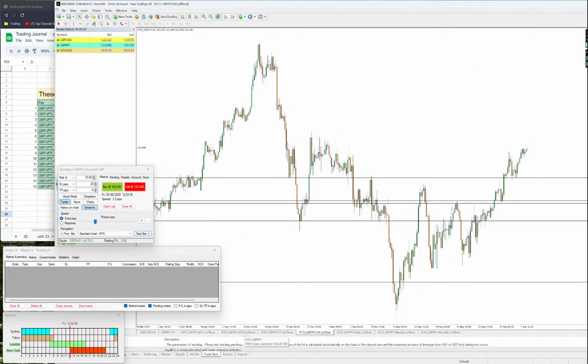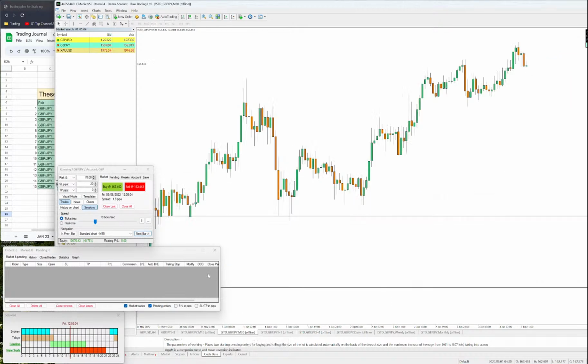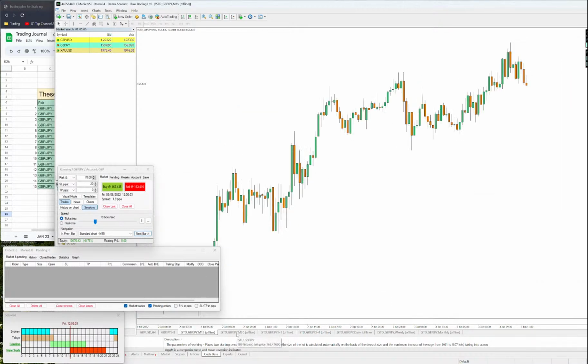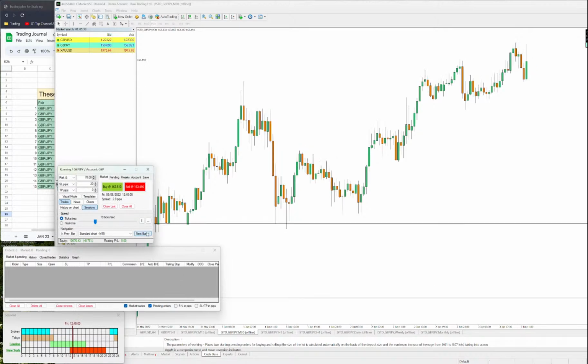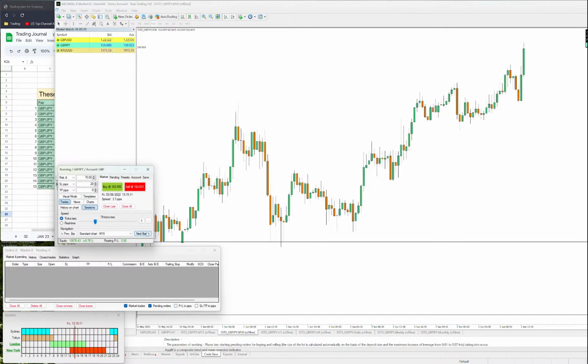Four-hour closed bullish. 30-minute, 15-minute breaking close. This is no clean traffic, even though I believe there is gonna be a sell, but there's no clean traffic. Look at this. This is nasty.